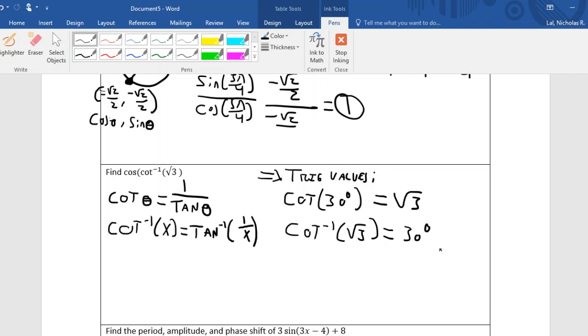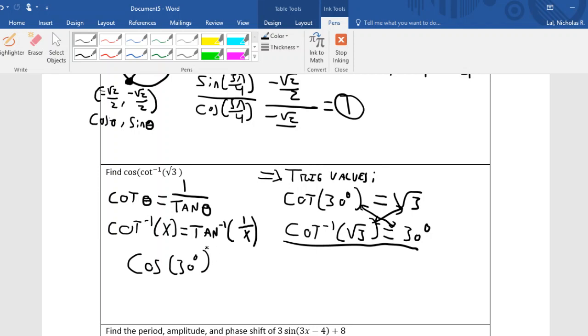One note that you have to memorize or just understand is that with inverses, the inputs and the outputs switch. So if the inverse cotangent of the square root of 3 is 30 degrees, then the cosine of the inverse cotangent of square root of 3 is equal to the cosine of 30 degrees.